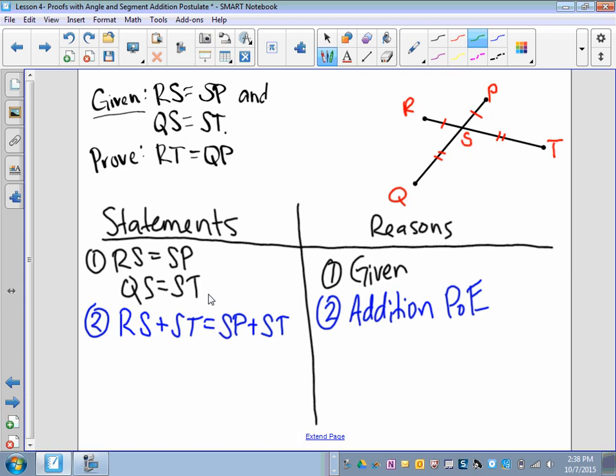We want QP. And right now I have the measure of SP plus ST. But I want SP plus SQ. Well, how conveniently we're told that SQ and ST have the same measures. So you can do substitution and say RS plus the measure of ST is equal to the measure of SP plus QS, because we know that QS equals ST. So that's substitution.